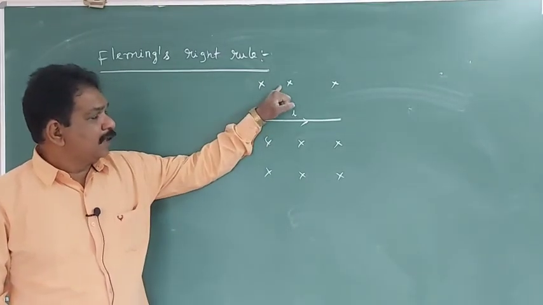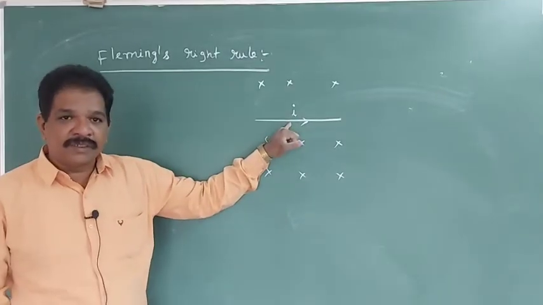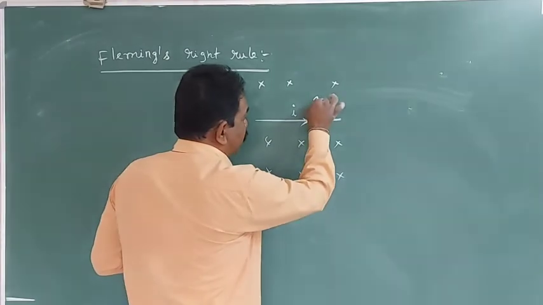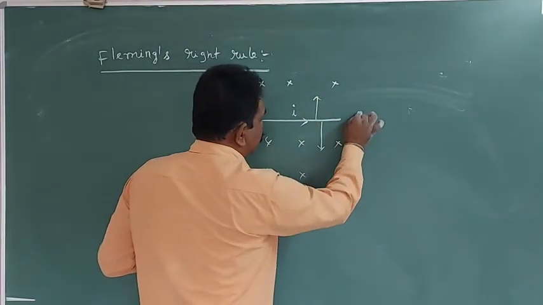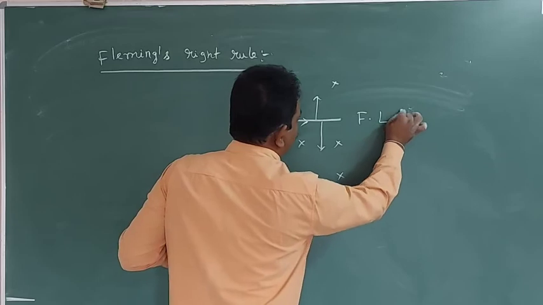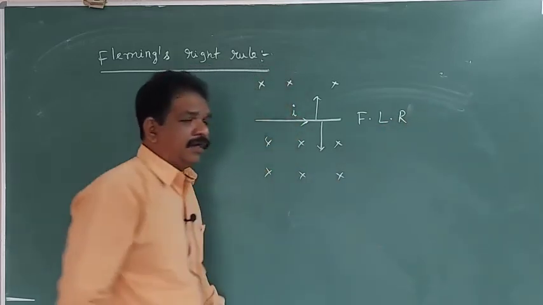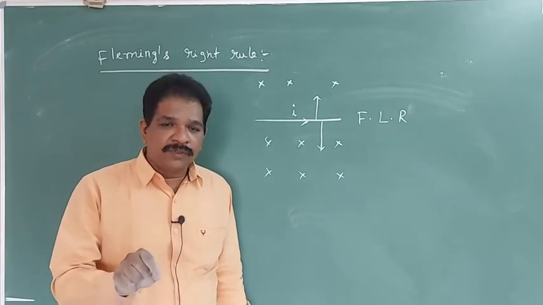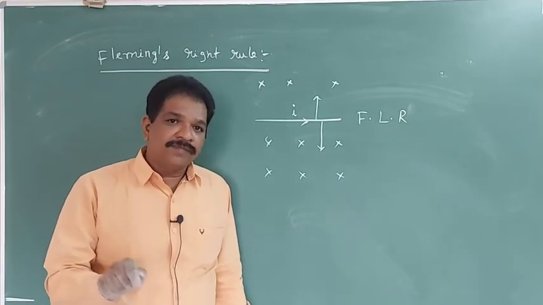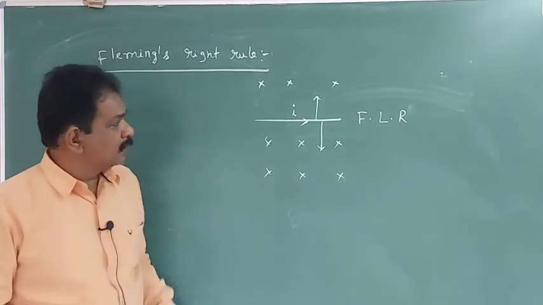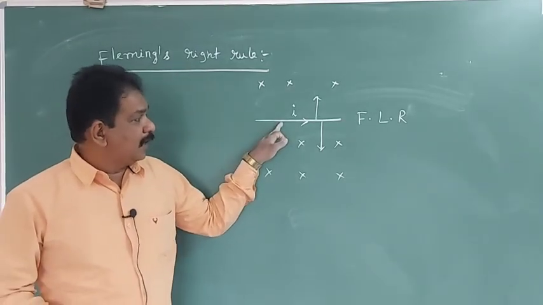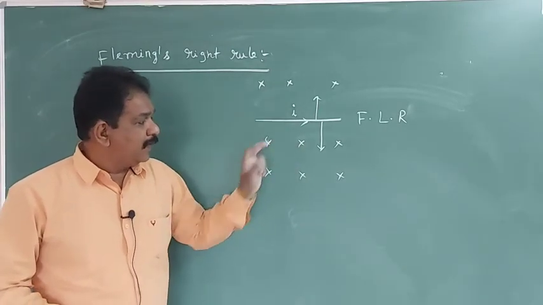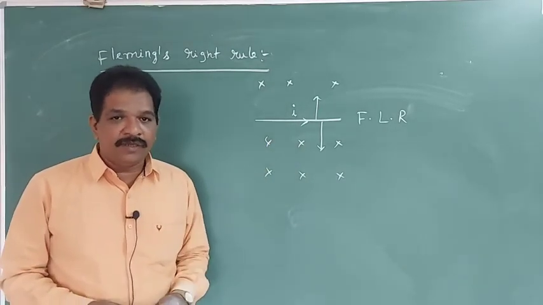Then this magnetic field will apply force on this conductor, and to find the direction of that force, whether like this or like this, we will use Fleming's left hand rule. Fleming's left hand rule is used to find the direction of force acting on a current carrying conductor when it is placed in a magnetic field.